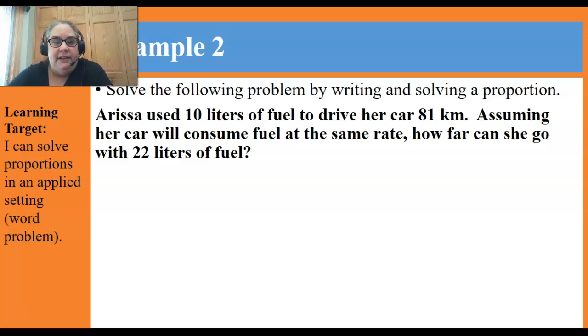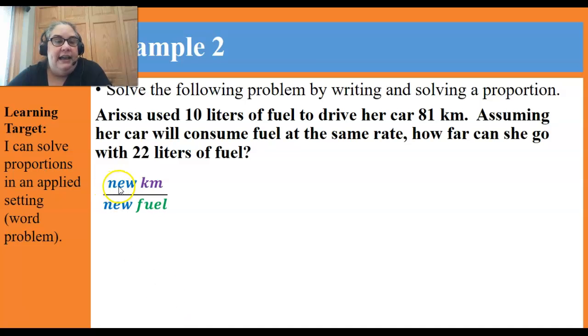So a different problem-solving strategy is what I usually use, which is I focus on the question, how far can she go? So in this upcoming scenario, I want to know her new kilometers, and I'm going to compare that to her new liters of fuel.